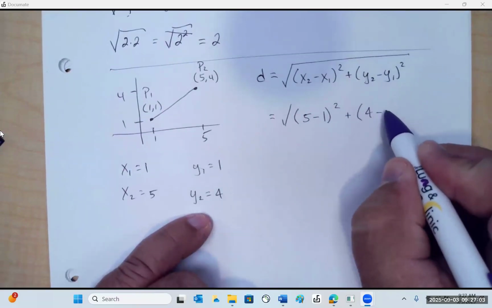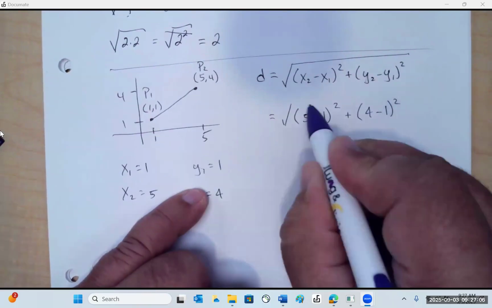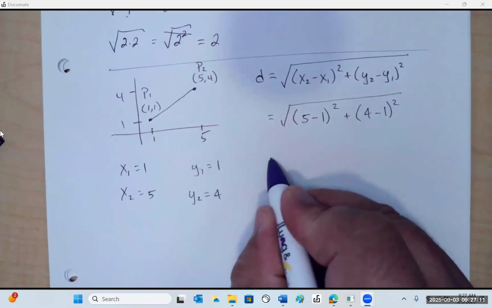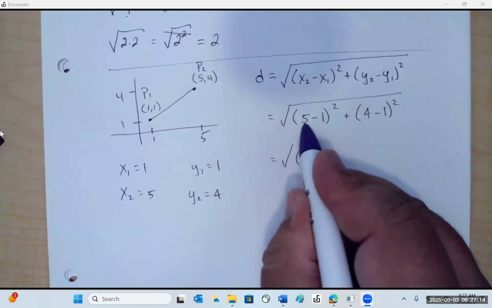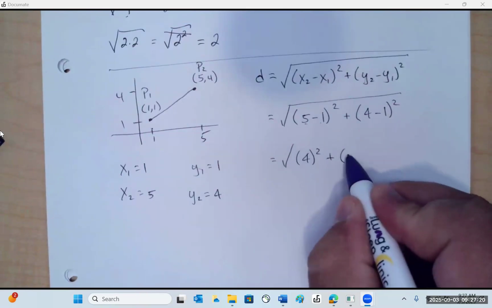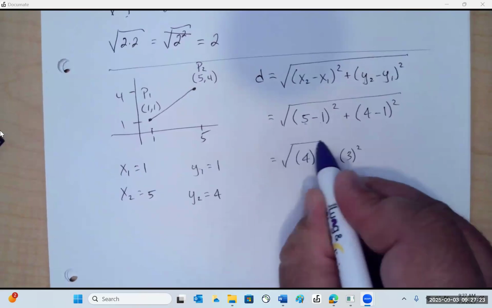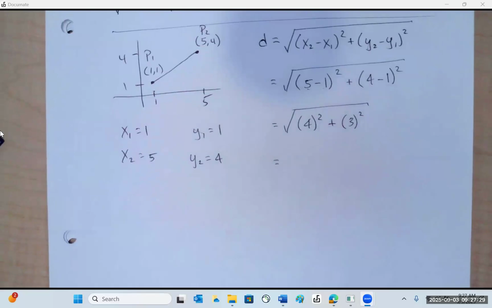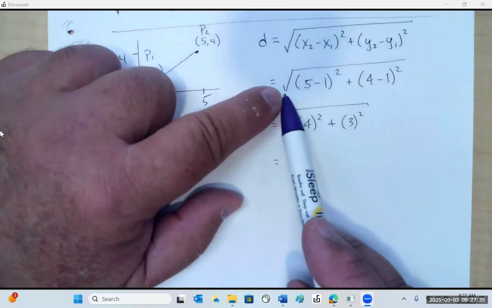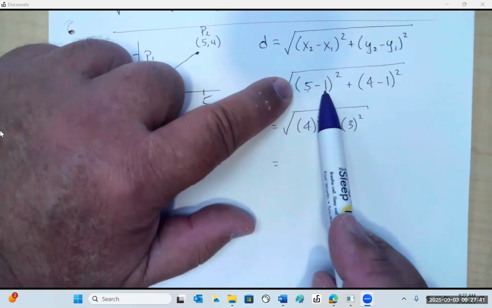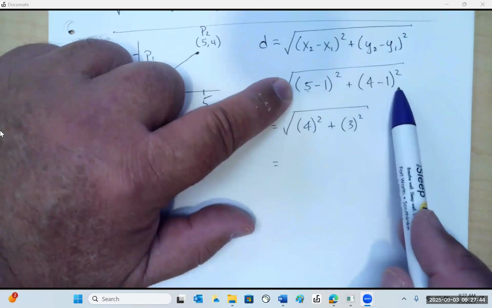Y2 is 4 minus 1. 5 minus 1 is 4 squared. 4 minus 1 is 3 squared. You notice we're always following the order of operations. Reading left to right, there's a parenthesis. We have to do inside there.